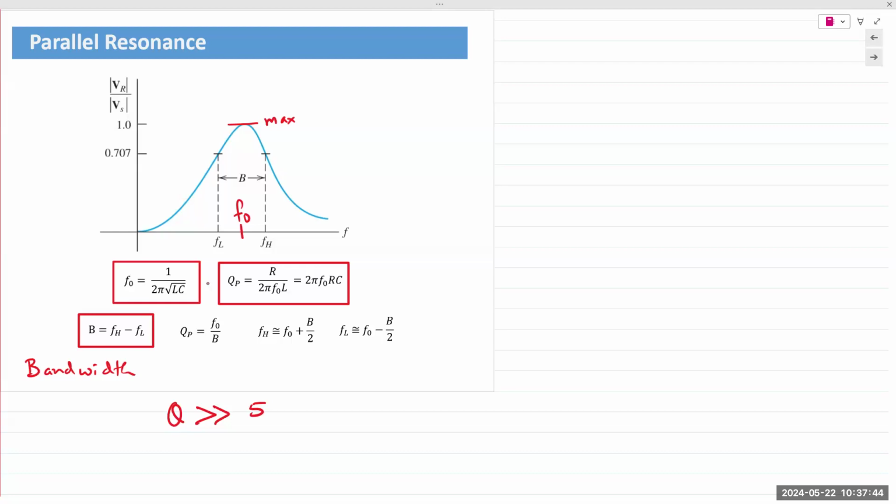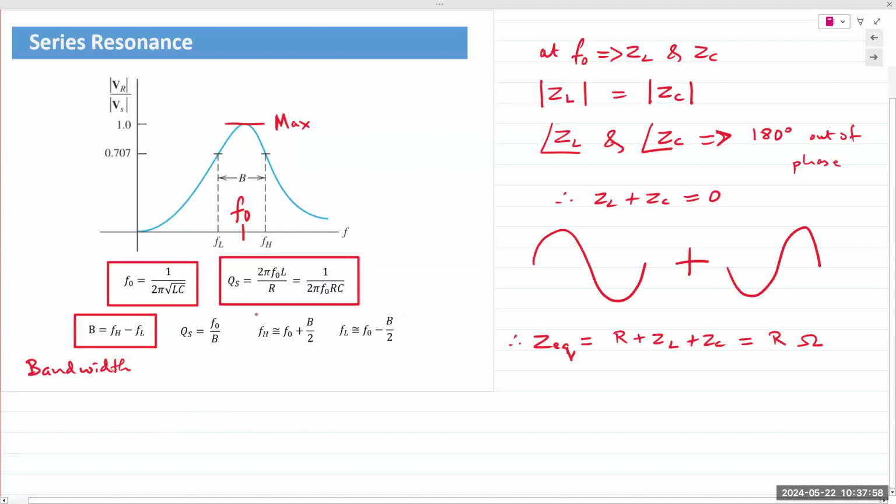And then the resonant frequency, we can say, is halfway between the bandwidth in F0. And again, that remains the same for parallel as well as series. But that is true only for high quality filters with a very narrow band around the resonant frequency.